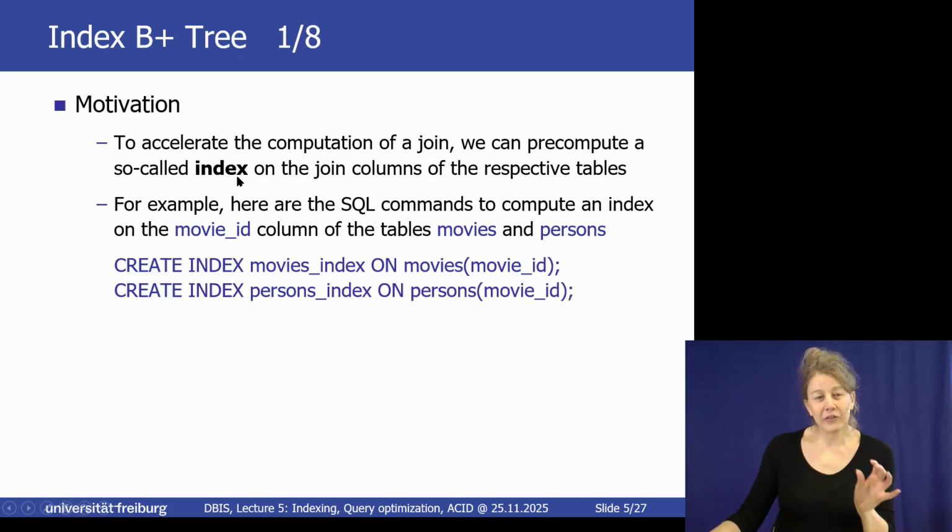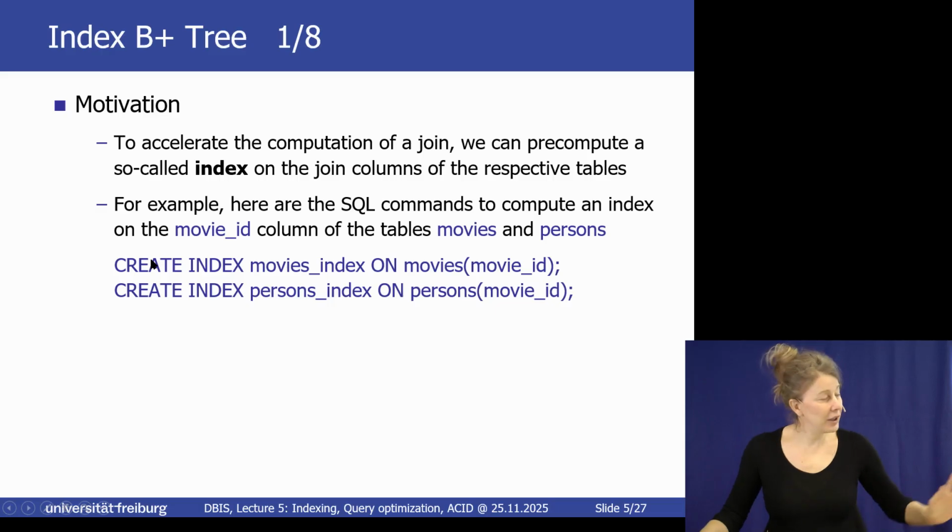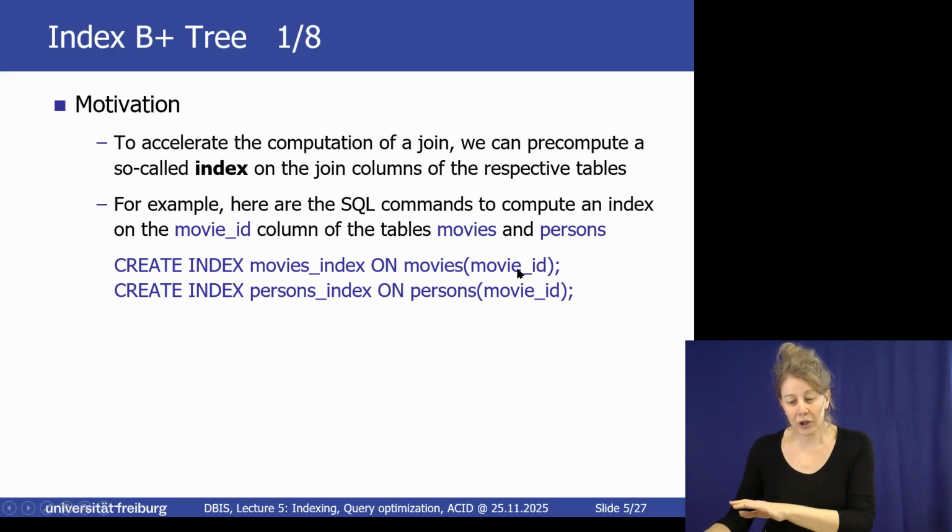And an index is not for a whole table, it's for a column of a table. And as usual, SQL is easy to understand, and the simple commands create an index for this table, movies, for this column, column movie ID of table movies. And then I give the index a name, movies index.